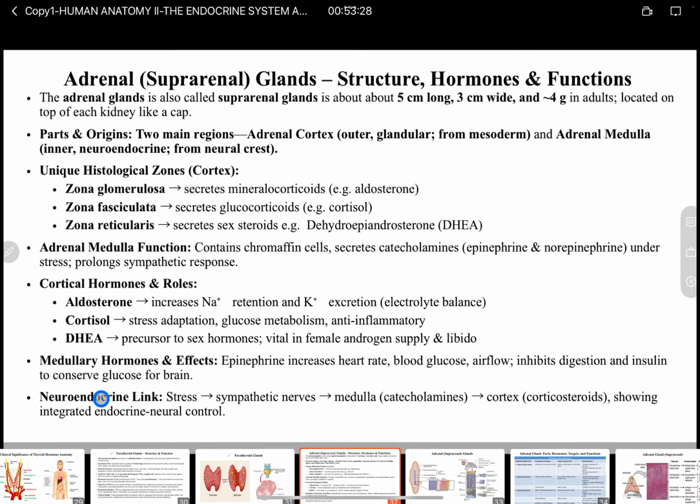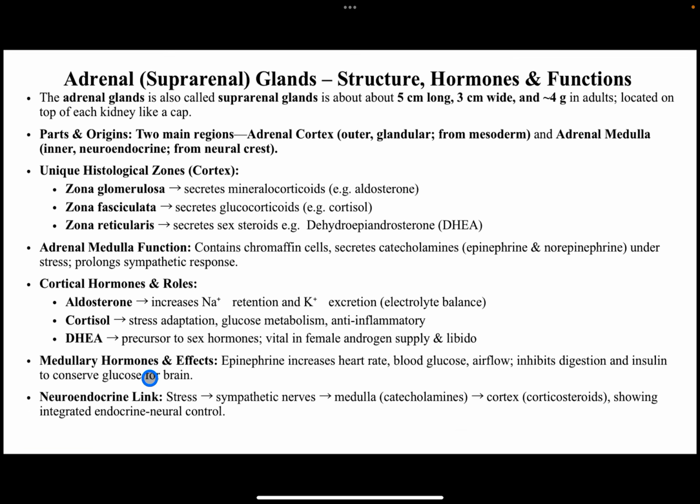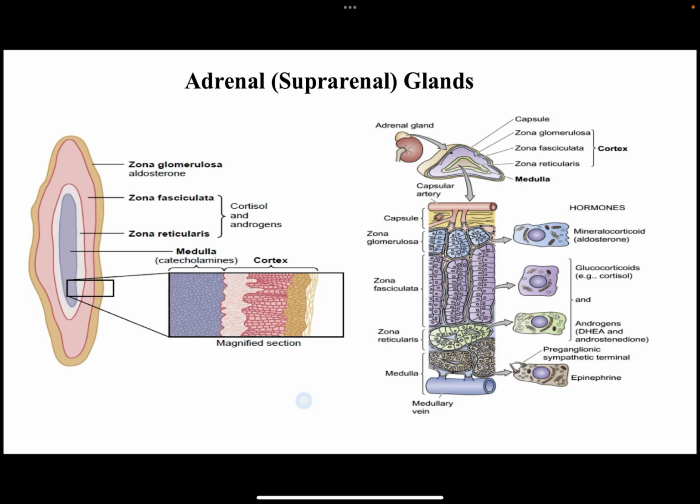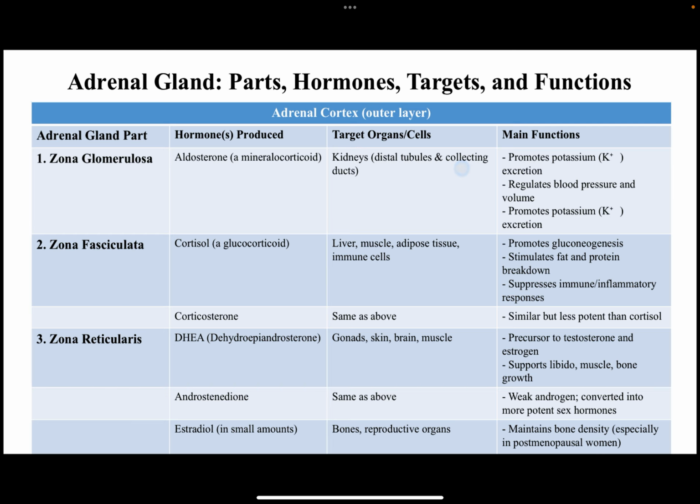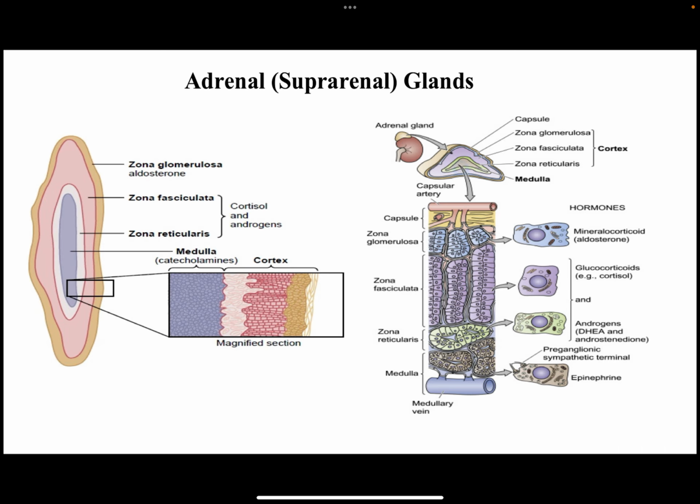If you are asked what the medullary hormones of the adrenal gland are, we have epinephrine. Epinephrine works to increase your heart rate, blood glucose, and airflow, inhibits digestion and insulin, to conserve glucose for the brain. Is that okay? So basically that is it for the adrenal or suprarenal gland. This is how the gland actually looks.